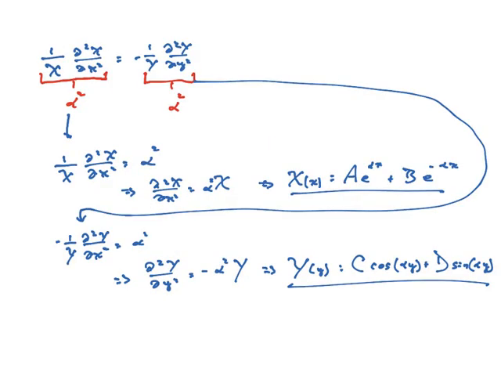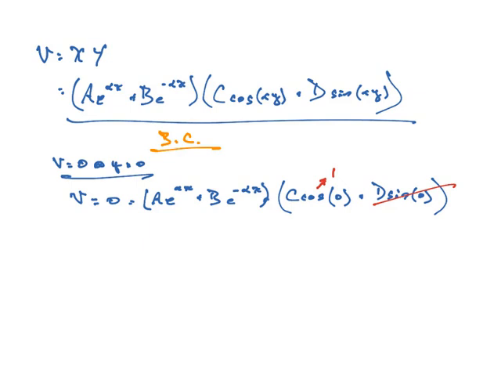So if we look at our potential here, when x goes to infinity, what do we know? Well, this term here is fine. If I put x equal to infinity, e to the minus infinity is 0, that just goes away. So that's 0, perfect. However, this term here, when x is equal to infinity, it blows up. It gets bigger and bigger. So I know for sure this term has to be 0 when x goes to infinity.